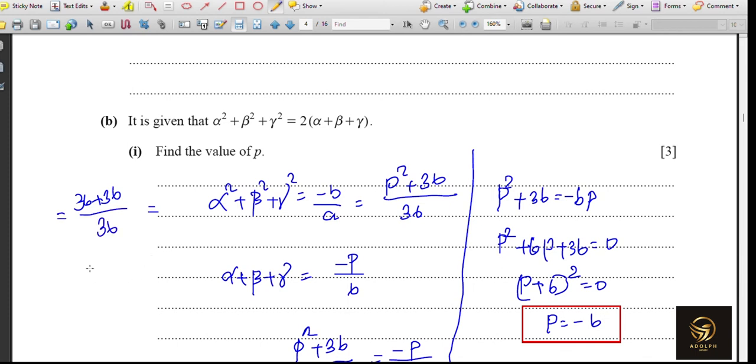So I will be getting the answer 2. So alpha square plus beta square plus gamma square is 2, and this is what S2 is. What is S1? S1 is alpha plus beta plus gamma, that is negative p by 6. Negative p by 6 is 6 by 6, and we are getting 1.